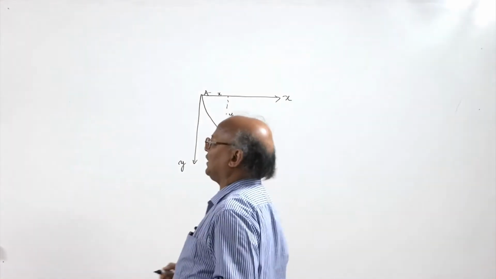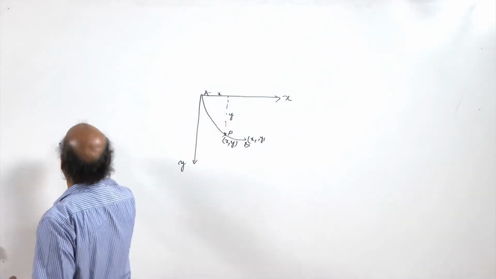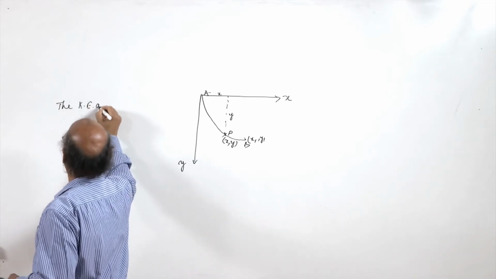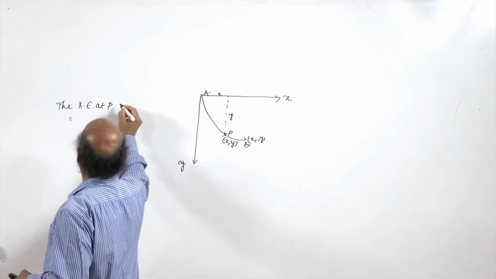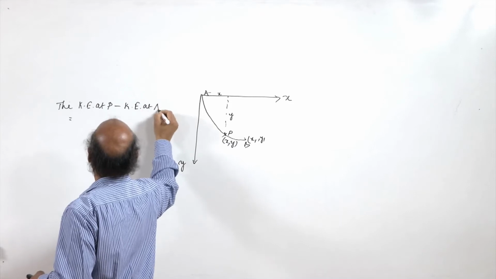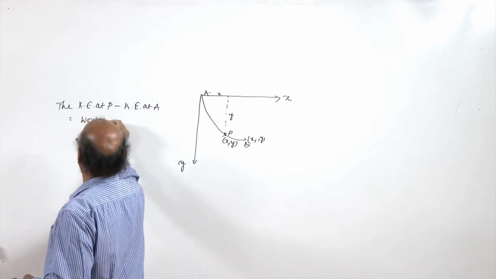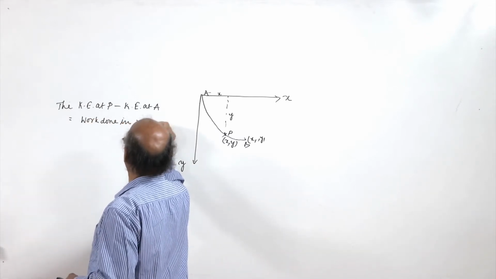So by the principle of conservation of energy, the kinetic energy at P minus the kinetic energy at A will be equal to the work done in moving the particle from A to P.